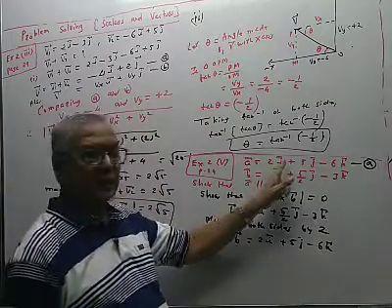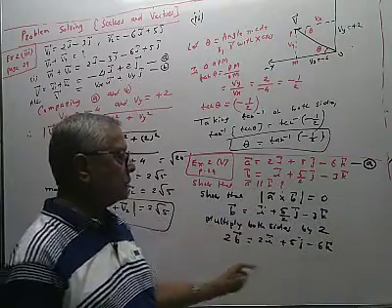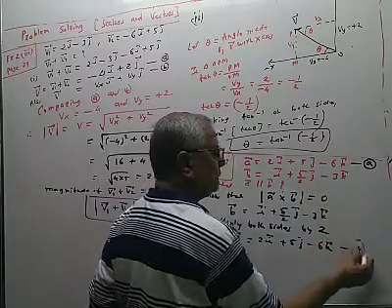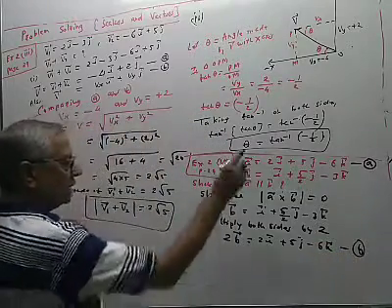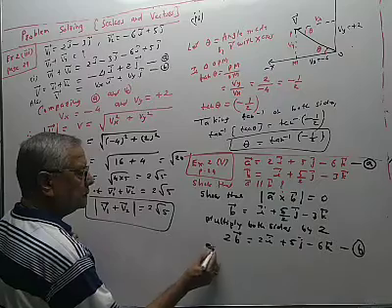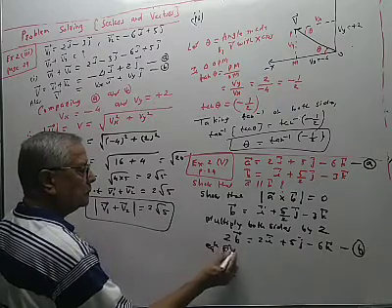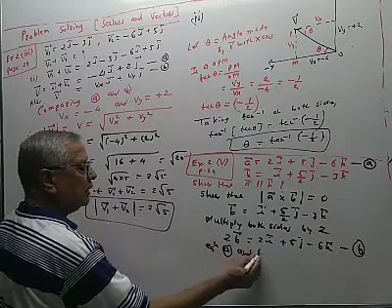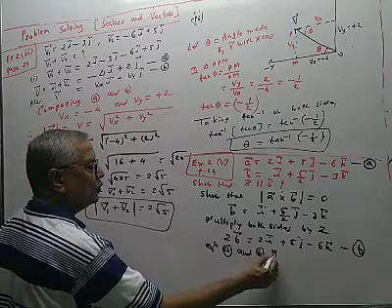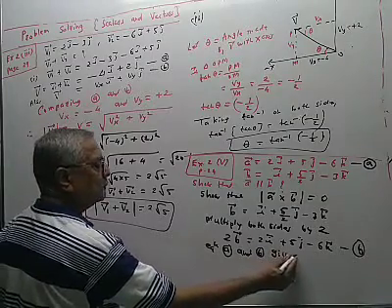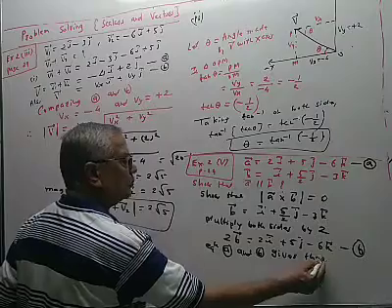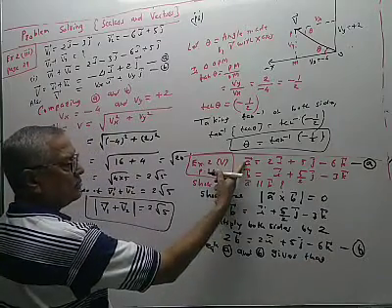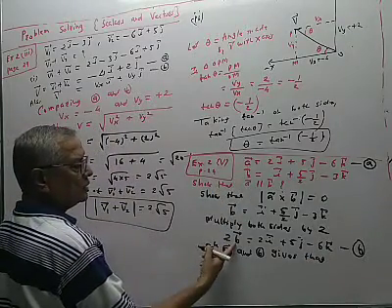So now see the right hand side of equation A and this, this is equation B. So what is the result? Equations A and B show that vector A left hand side is equal to vector 2B left hand side.